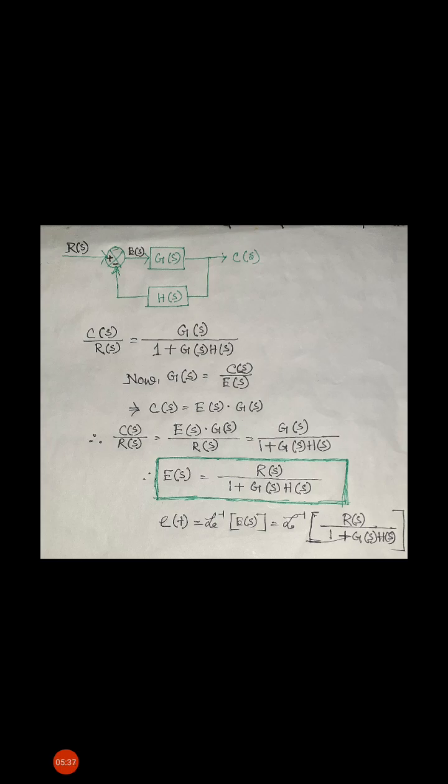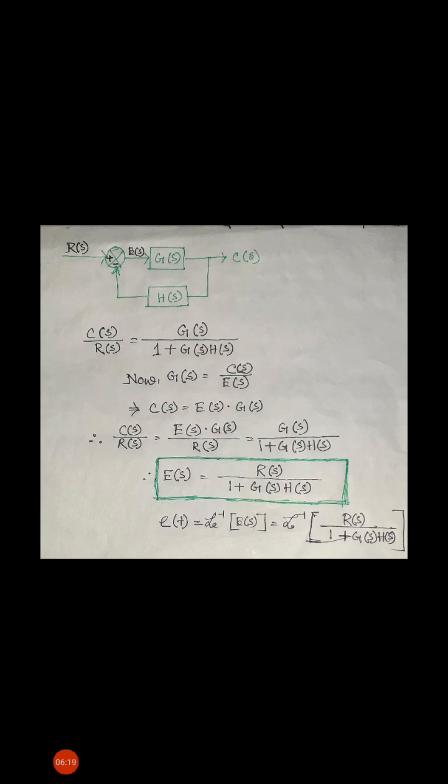So what is meant by steady state error? Steady state error is the value of the error signal when t tends to infinity. We got the error signal e(t), that means the error signal in time domain. So the limit as t tends to infinity of e(t) is nothing but the steady state error.